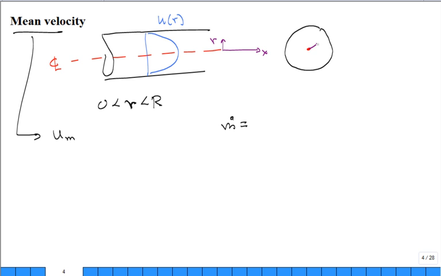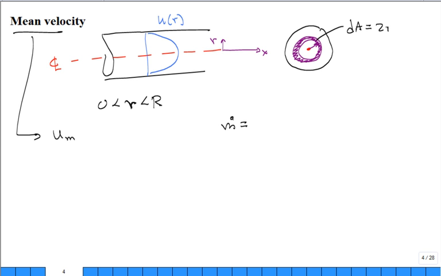So think about going out to a location r. r plus dr gives you a little, what do you call that? Constant velocity element. And so what is the area of this little element that I'm going to now integrate over?